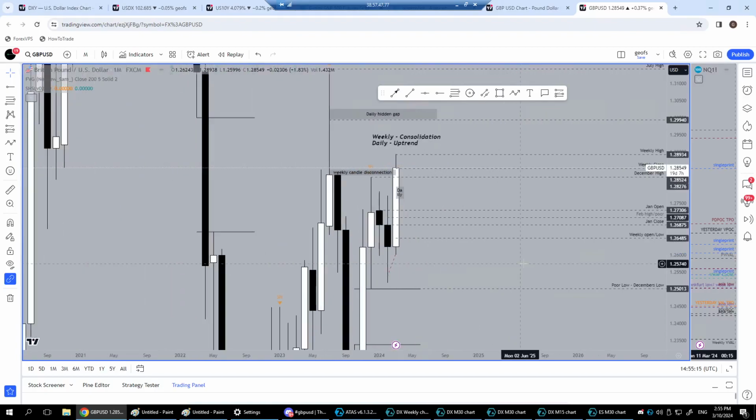Is that right? Okay. So, in theory, cable should be moving down. There's more to it than just the interest rate spreads, obviously. There's also relative inflation. Relative interest rates, relative inflation, and also relative GDP. Those are the three main fundamental drivers that you need to watch for Forex.